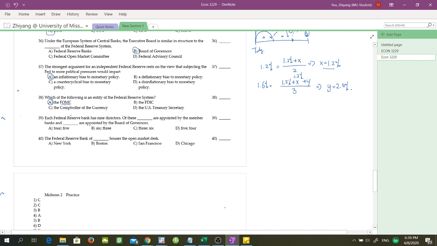Question 39. Each Federal Reserve Bank has nine directors. Of these, how many are appointed by member banks and how many are appointed by the Board of Governors? Okay, so you need to know this. There are three classes of these directors: Class A, Class B, and Class C. And who do they represent?